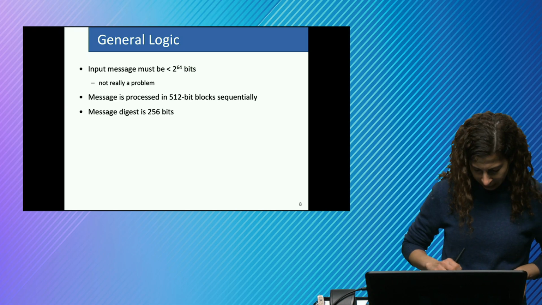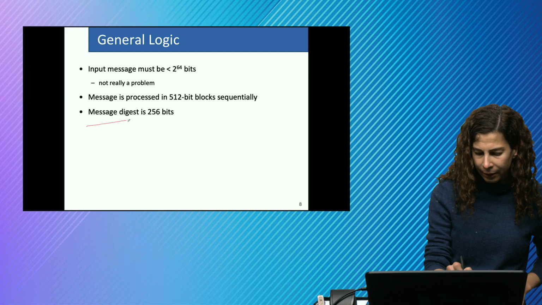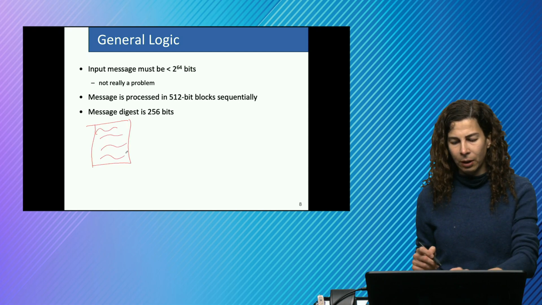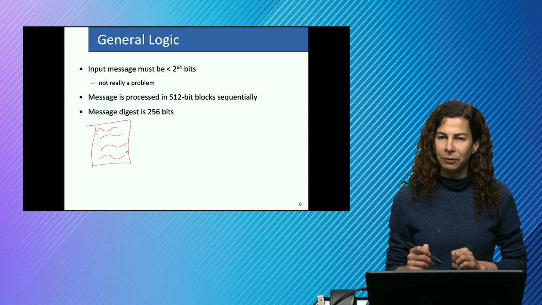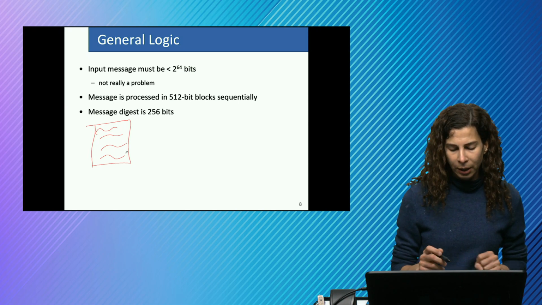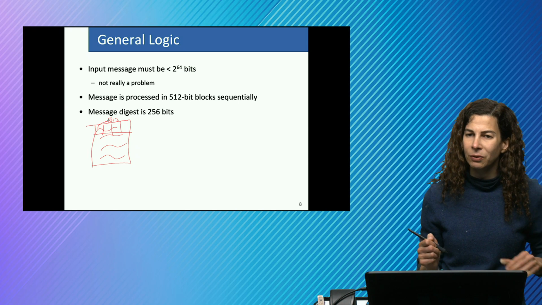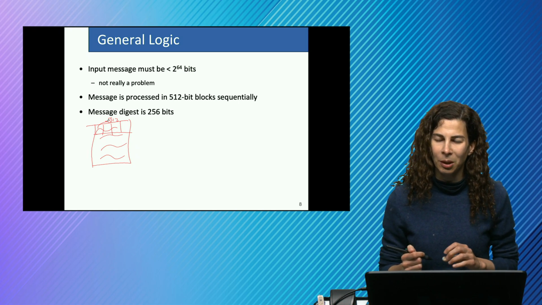So imagine that you have a big file, and this file is a lot larger than a 512-bit block. But what happens is that this algorithm is going to chop this into smaller blocks of 512. And these smaller blocks, we will be talking about the properties of these smaller blocks.